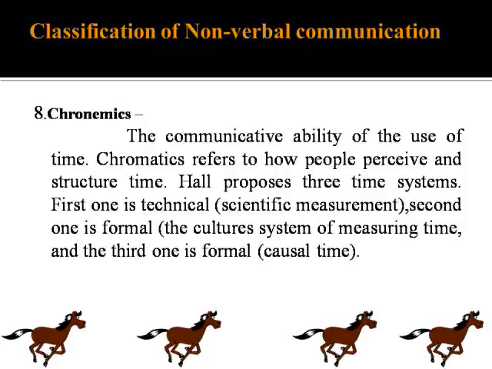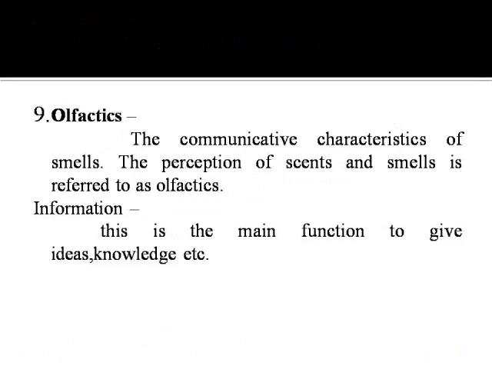The first one is technical, scientific measurement. The second one is formal, the cultural system of measuring time. And the third one is informal, casual time. Olfactics. The communicative characteristics of smell. The perception of scents and smells is referred to as olfactics.